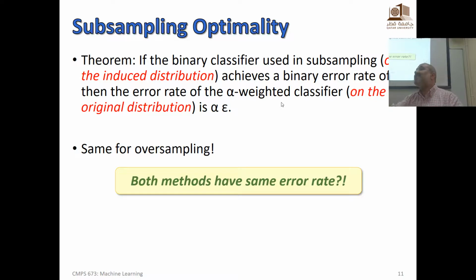Thus, when we train a binary classifier on each, its error rate will be different. So epsilon is different for oversampling than for undersampling. Which one should be better, you think? Oversampling, right? Because it has more data. So the error rate is expected to be a bit smaller in the case of oversampling. Any question about this?